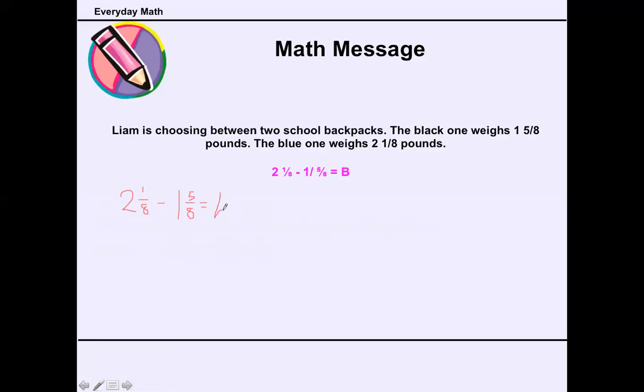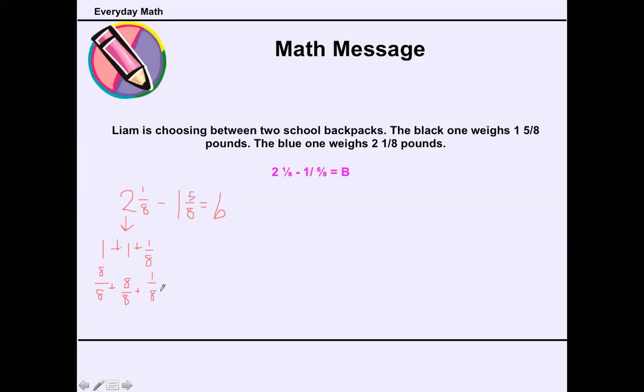One strategy that I like to use is I like to turn mixed numbers into an equivalent fraction. So one way I can do that is I can think of 2 1/8 as 1 plus 1 plus 1/8, which is the same as 8/8 plus 8/8 plus 1/8.